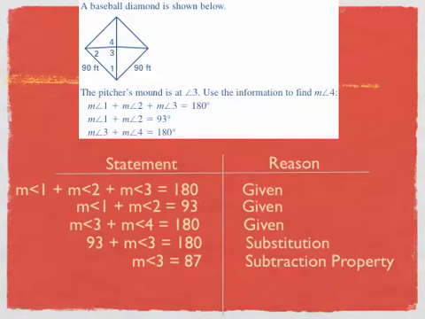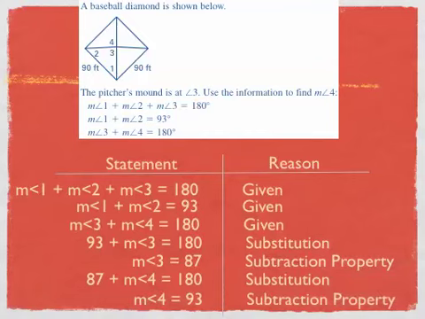Now, looking at the third given statement, I can use the substitution property, and I can say that the measure of angle 3 is 87, so 87 plus the measure of angle 4 equals 180. Again, I'm going to use the subtraction property, and I'm going to subtract 87 from both sides. When I do that, I find that the measure of angle 4 equals 93, and the reason is the subtraction property of equality. I apologize, those were out of order.